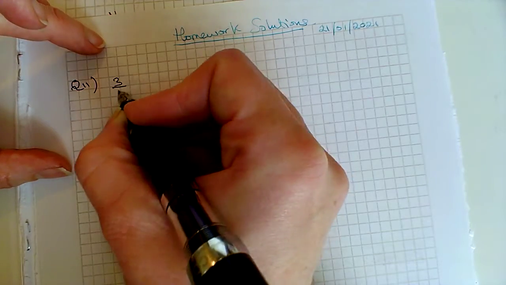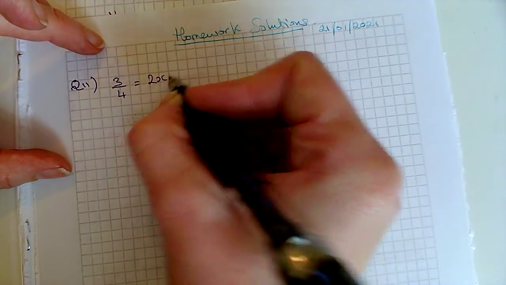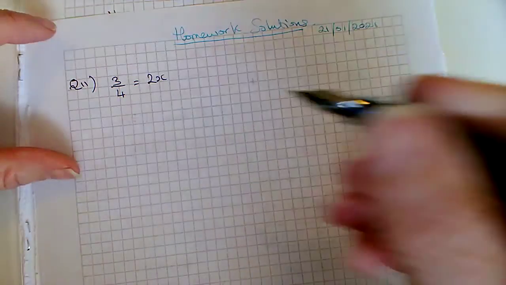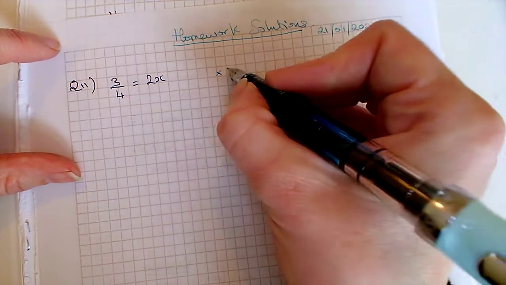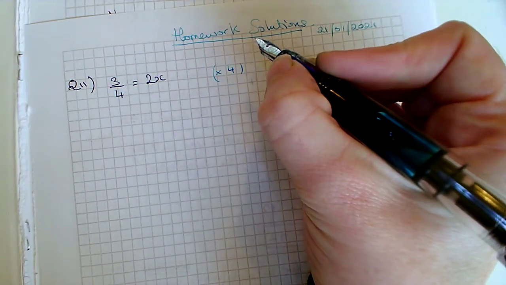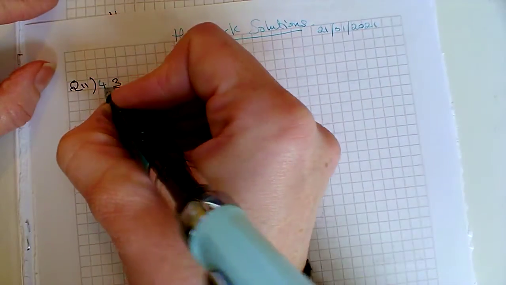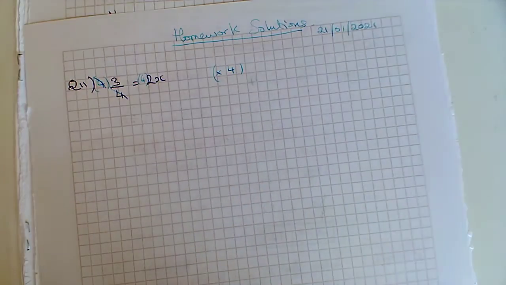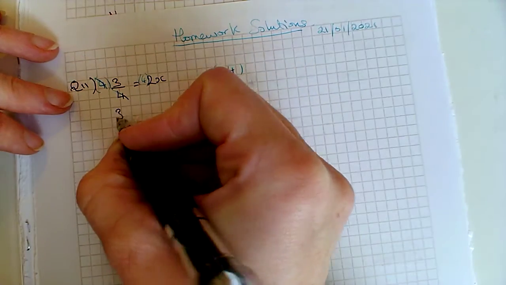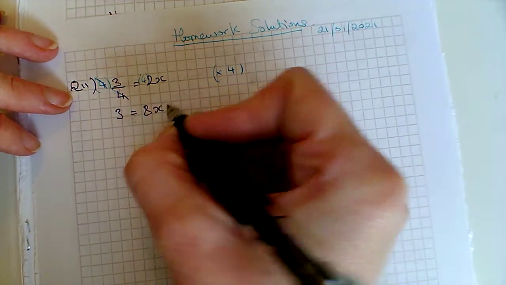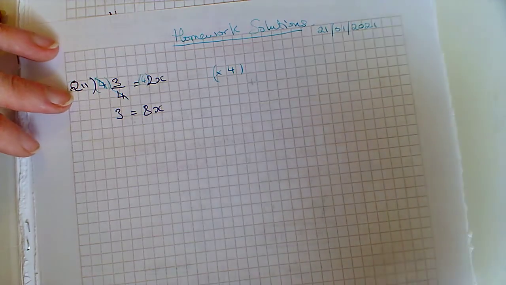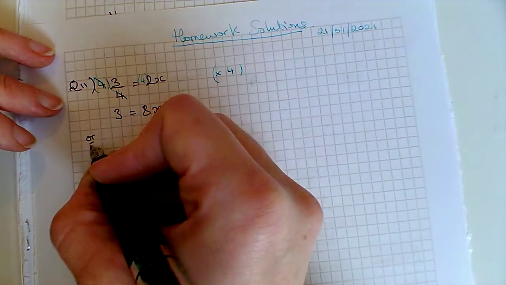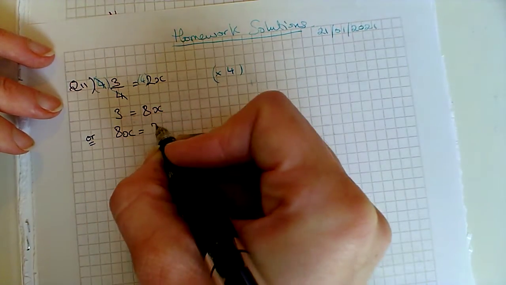So the first one, 3/4 is equal to 2x, so the common denominator that I'm going to multiply everything by is 4. So I'll multiply this by 4, and I'll multiply this by 4. And the 4's there will cancel, giving me that 3 is equal to 8x. Or we can write our equation the other way around, 8x is equal to 3.